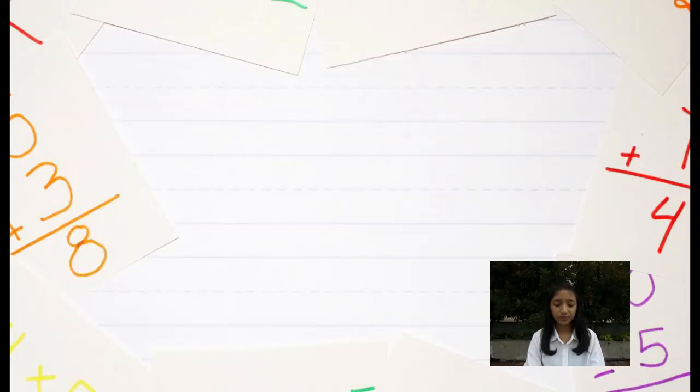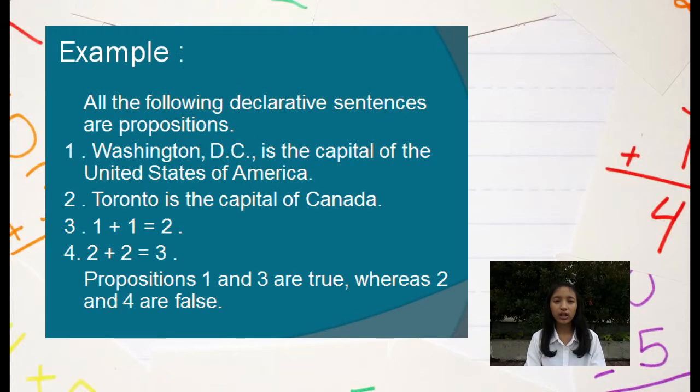Example: all the following declarative sentences are propositions. Number 1. Washington D.C. is the capital of the United States of America. Number 2. Toronto is the capital of Canada.